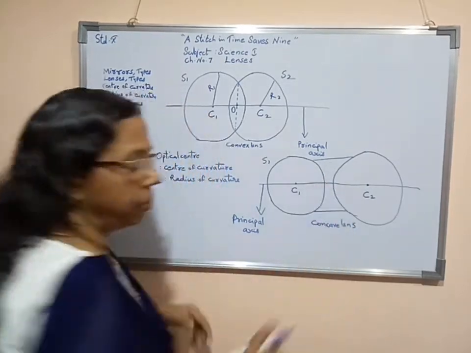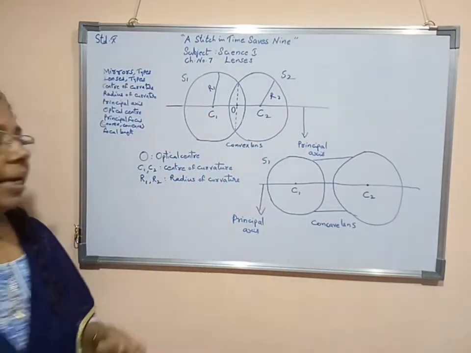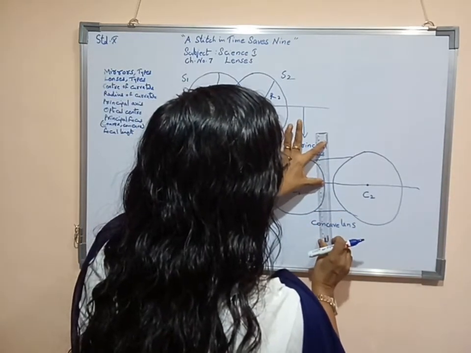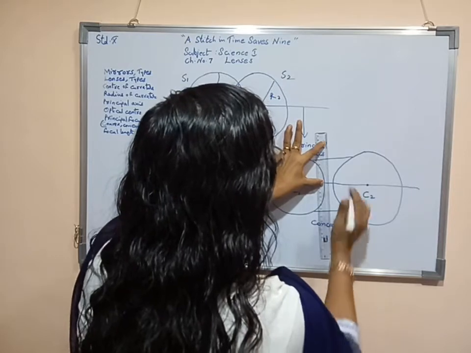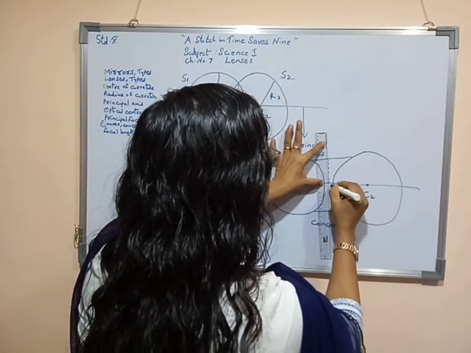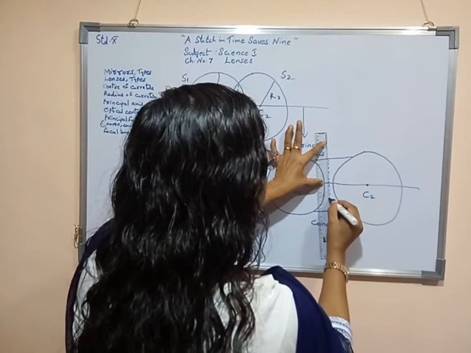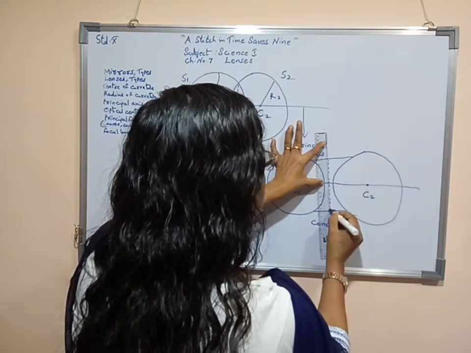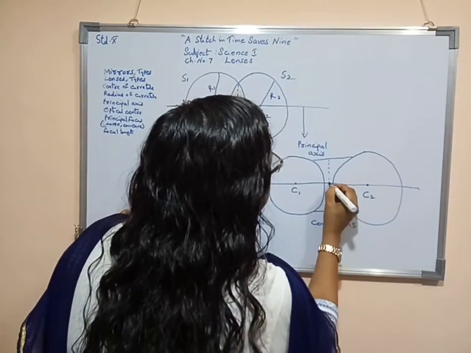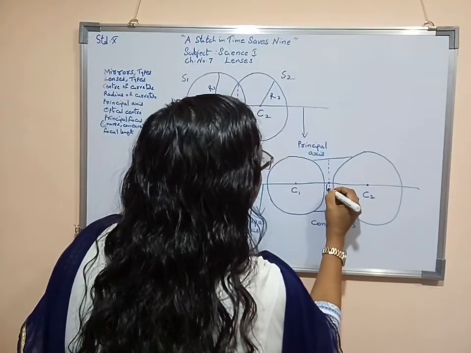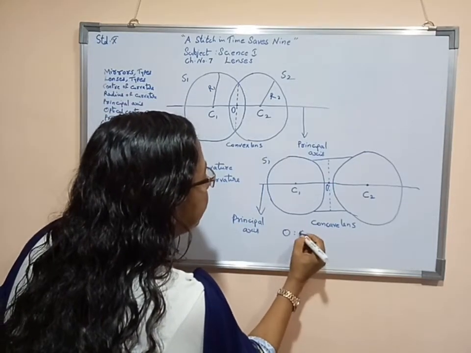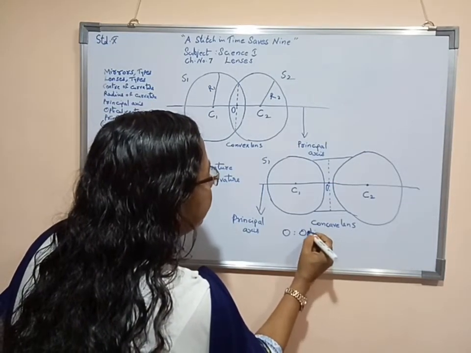Now here we have to draw again a straight line through the center of this lens. So this central point we can say is the optical center, O. O means the optical center of the lens.